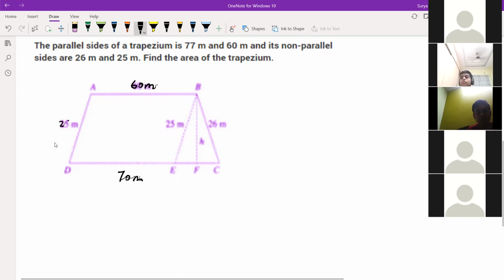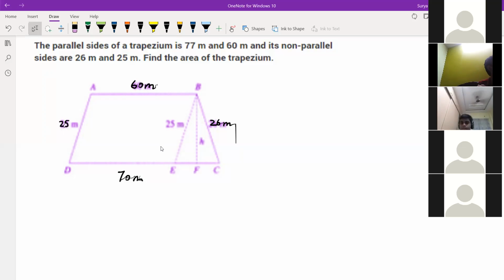So this is 25 meters, and the other one is 26 meters. Find the area of the trapezium. The parallel sides are 60 and 70, and the non-parallel sides are 26 and 25.